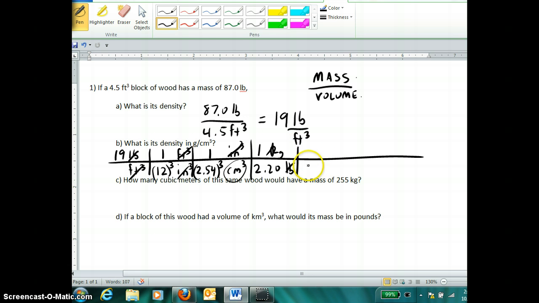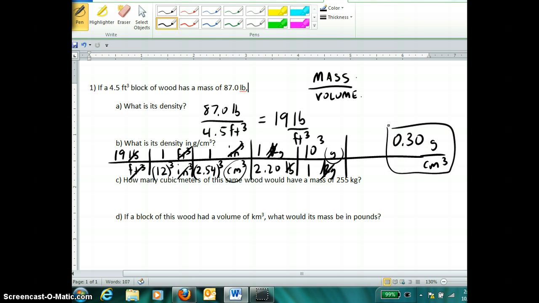One final step would be that 1 kilogram metric is equivalent to 1,000 grams. And those would cancel as well, leaving us with units of grams in the numerator and cubic centimeters in the denominator. We multiply this out and present the answer with two significant figures. We get 0.30 grams per cubic centimeter as a new density.